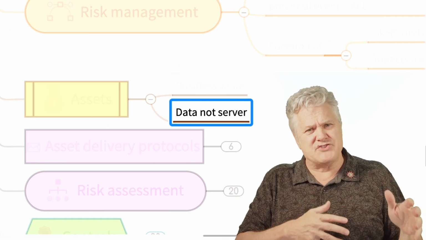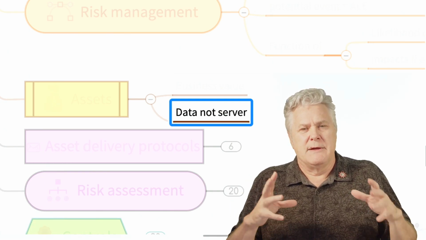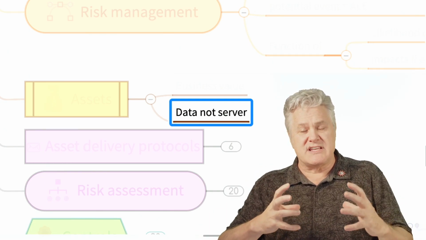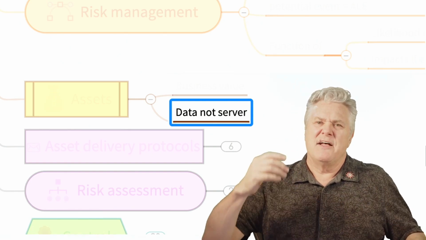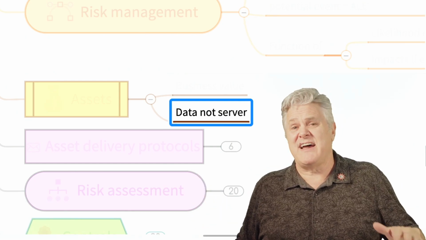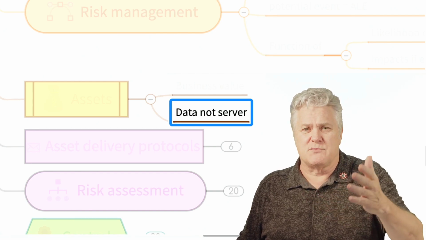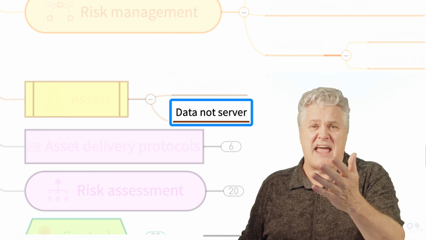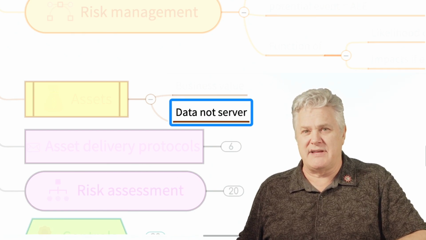It's the data on the server, not the server. Now, I make that distinction because when we're talking to management, we want to say, this is the asset that we're protecting. When I say to management, this server is the thing that we're protecting, they don't care about that. But if I said, this is the list of records of all of the customers and all of the purchases that they have from us and our best customers, they would go, wow, we really have to protect them.